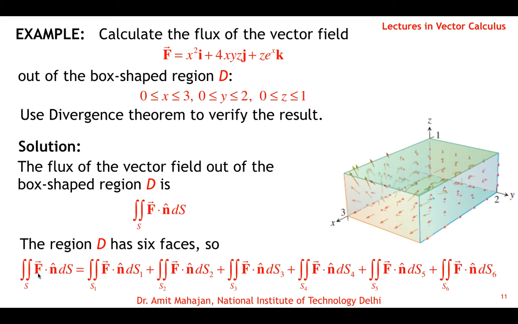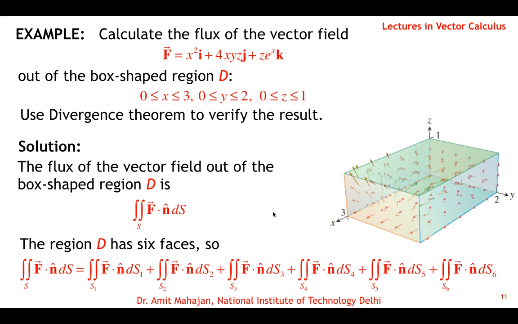So the double integral of F dot n dS over S, where S is the sum of all surfaces, will be equal to the flux over each of these surfaces, which are plane x=0, x=3, plane y=0 and plane y=2, plane z=0 and plane z=1. We have to individually calculate the flux on each of them, and then add to find the total flux out of the box. And because it is closed, we can also calculate using the divergence theorem and prove that both ways you get the same result.